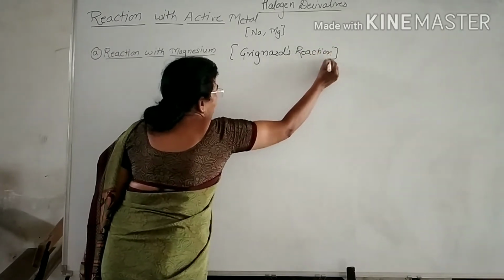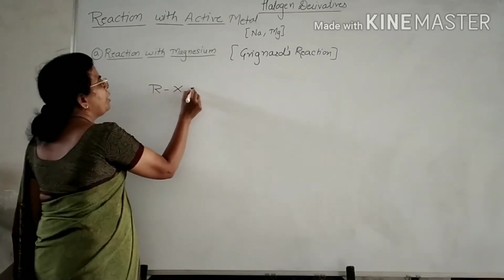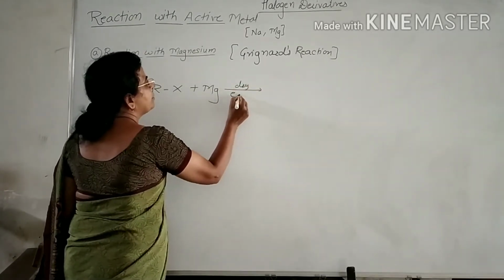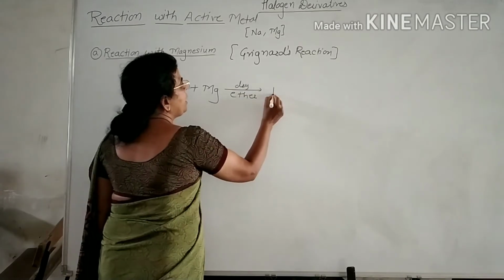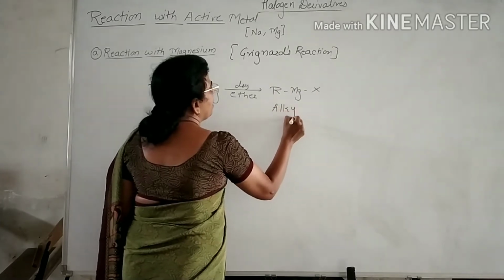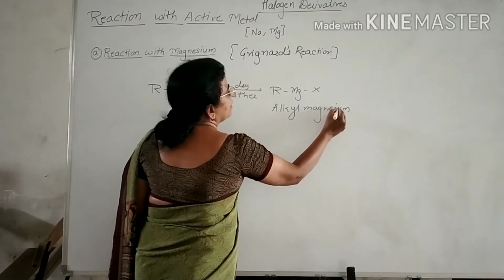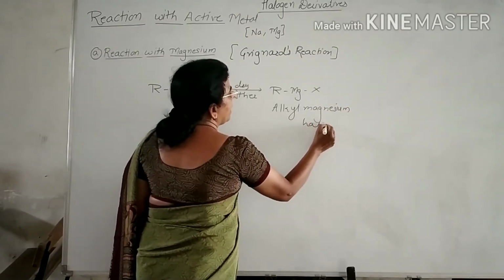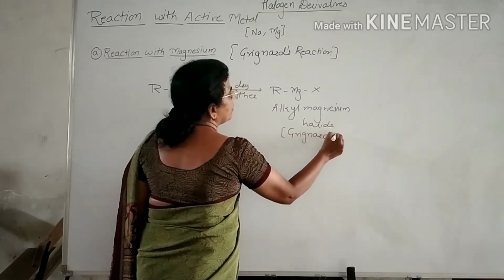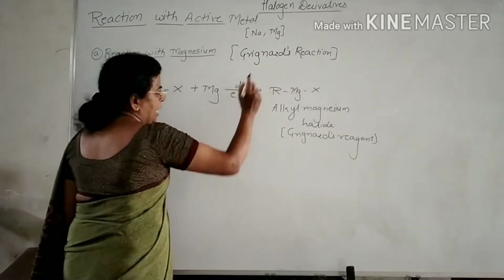Now here, when alkyl halides react with magnesium metal in presence of dry ether, it gives alkyl magnesium halide, or it is also named as Grignard's reagent. And this reaction is known as Grignard's reaction.